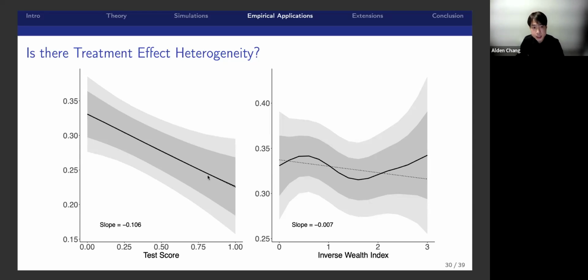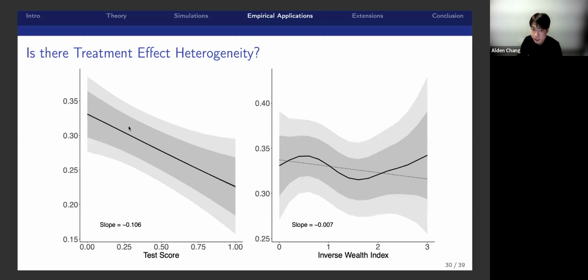So the fact that the treatment effect is decreasing in test scores is not a priori something that is obvious. In particular, in the education literature, there have been findings of a quote-unquote reverse Roy effect.